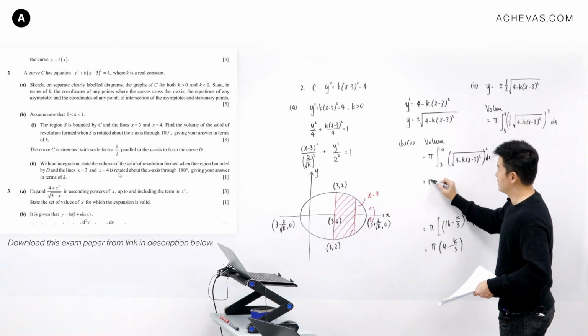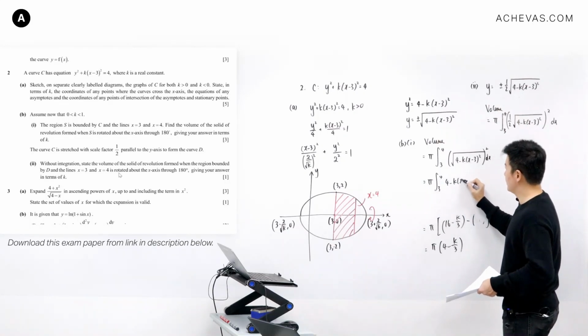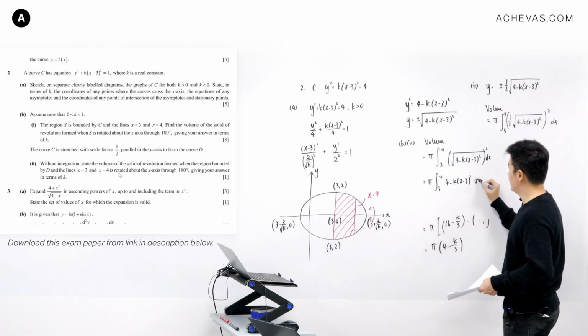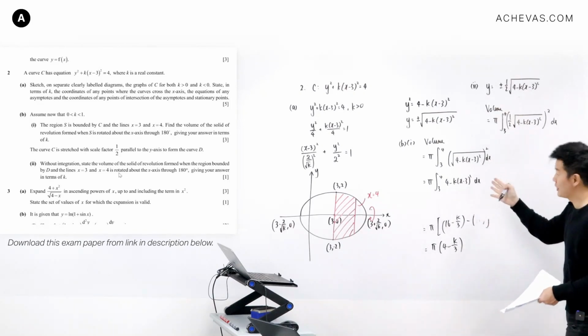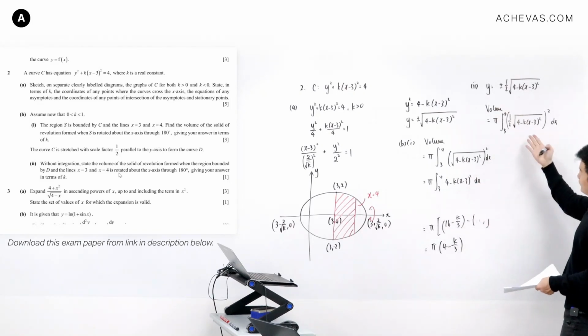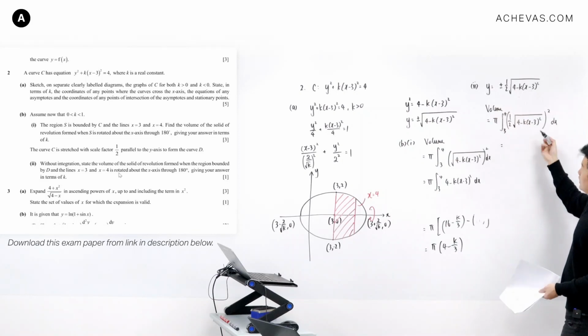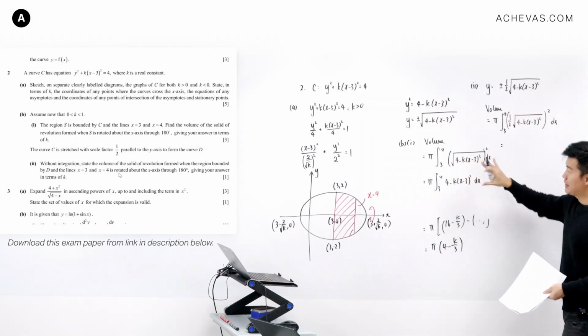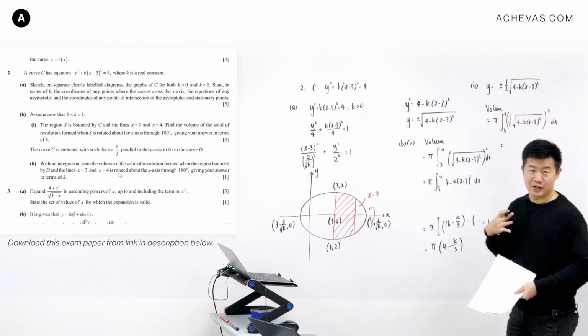And this will result in 3 to 4 of 4 minus k x minus 3 squared dx. I'm so sorry, we actually do need this because from here, we will get a version of this. That's why I need this to still be a reference for us.